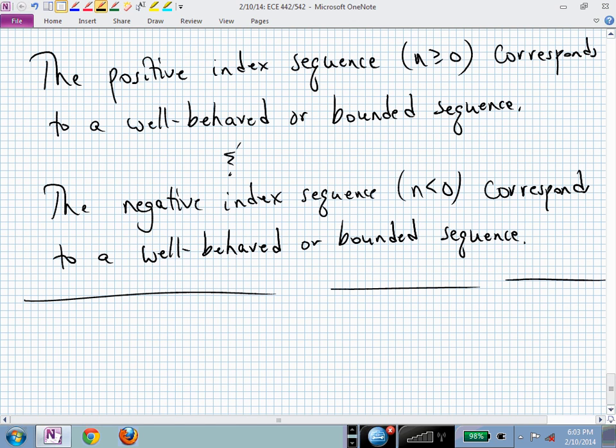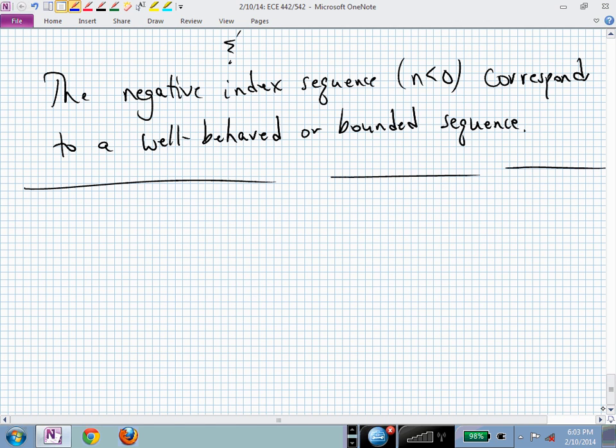Now let's look at the last of these 3 regions of convergence, ROC number 3.